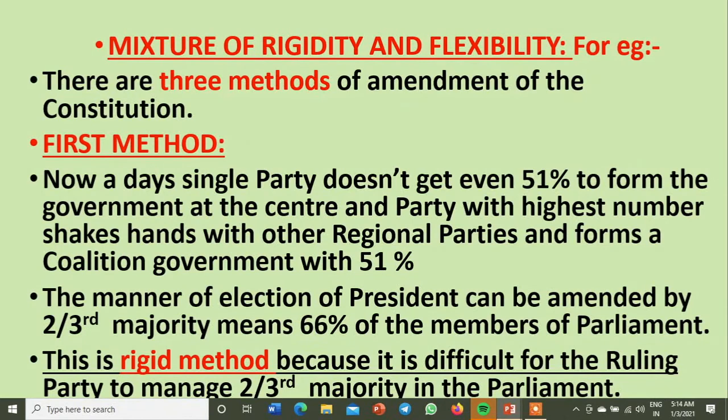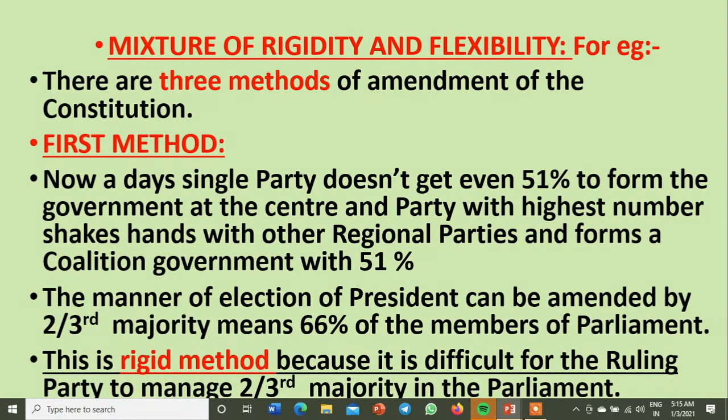The first method: nowadays a single party doesn't get even 51% to form the government at the center, and the party with the highest number shakes hands with other regional parties and forms a coalition government with 51%. Yes, students, these days not even a single party is getting 51%.